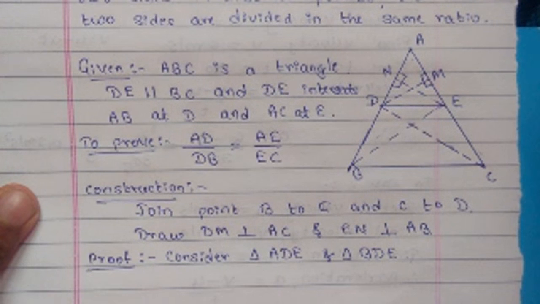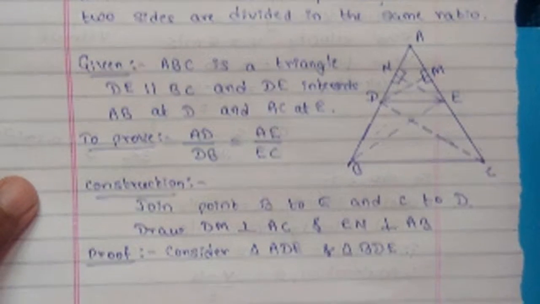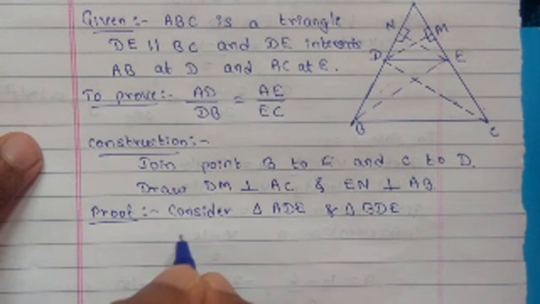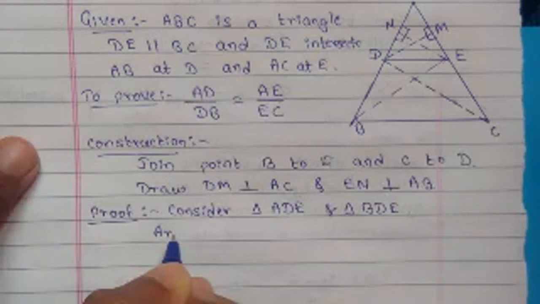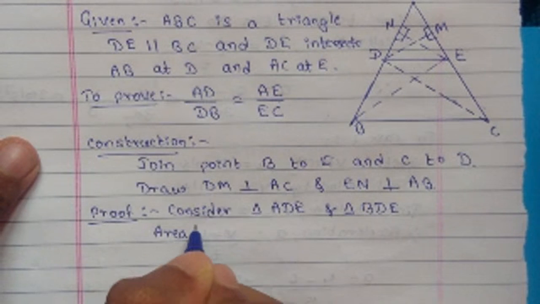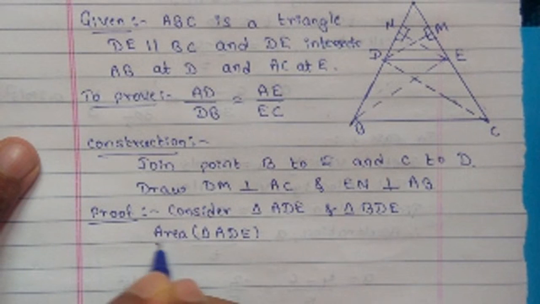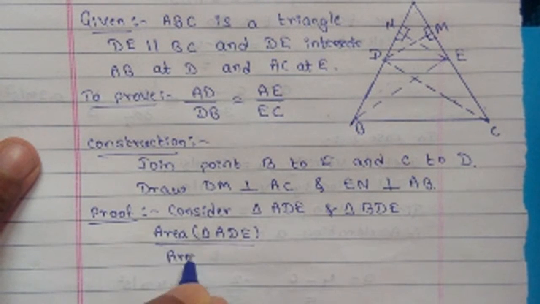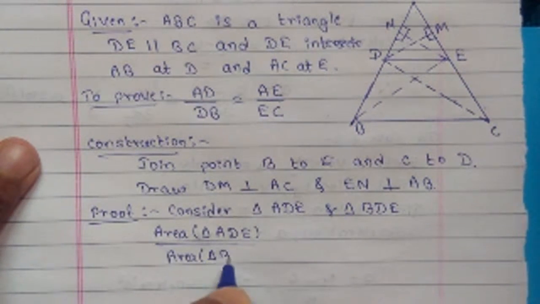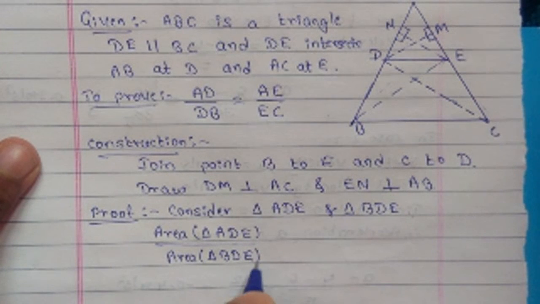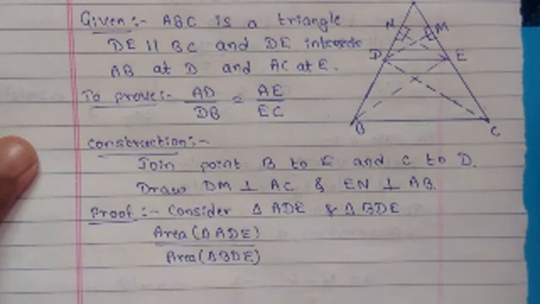Now I will take the ratios of the two triangles. So it becomes the ratio of the areas. Okay, area of triangle ADE divided by area of triangle BDE. So these are the ratios.